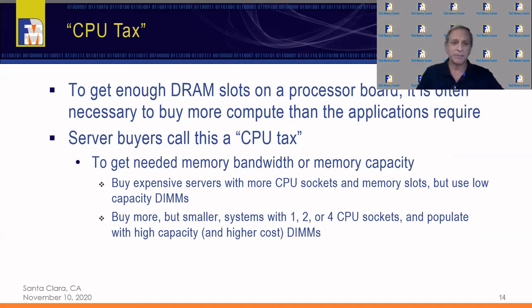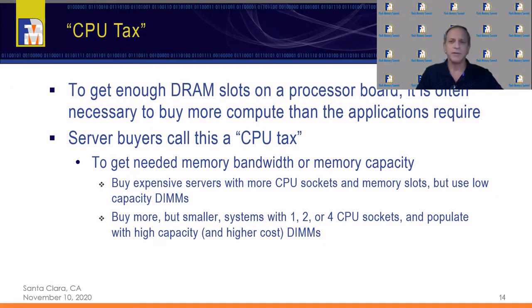One is to buy expensive servers with more CPU sockets and memory slots than the application may need, but use lower capacity DIMMs. Another option is to buy more but smaller systems with 1, 2, or possibly 4 CPU sockets and populate the DRAM slots with higher capacity and higher cost DIMMs.